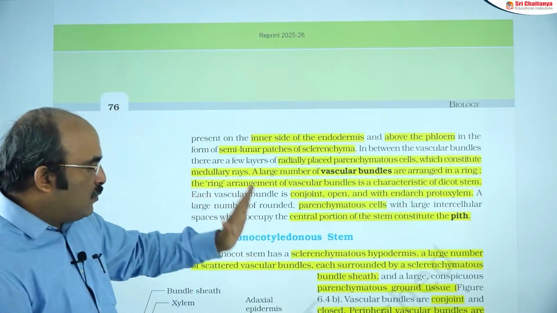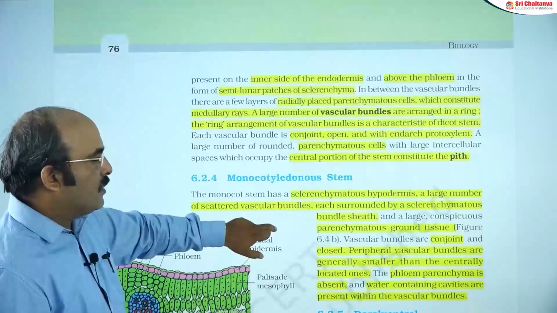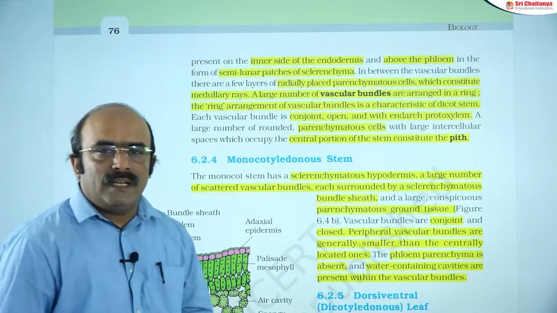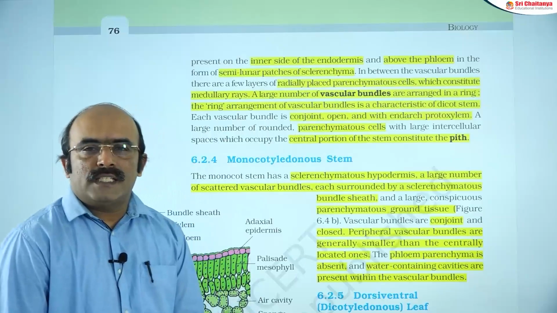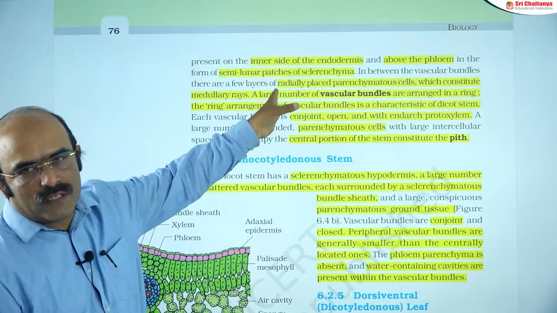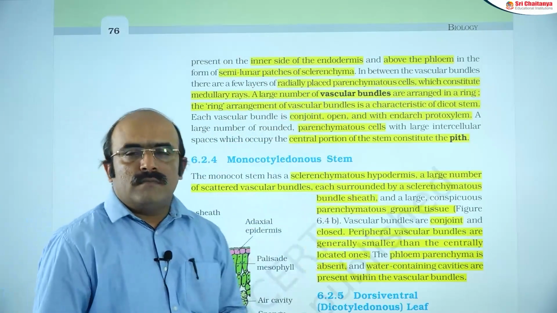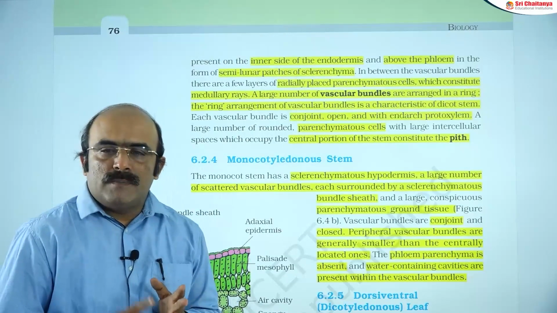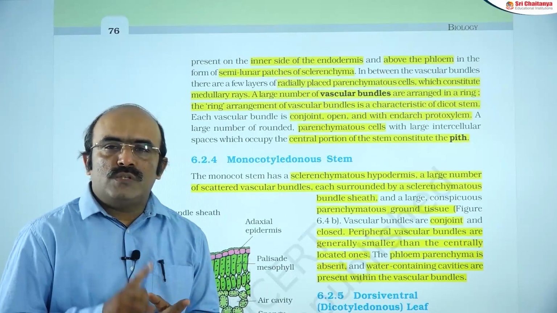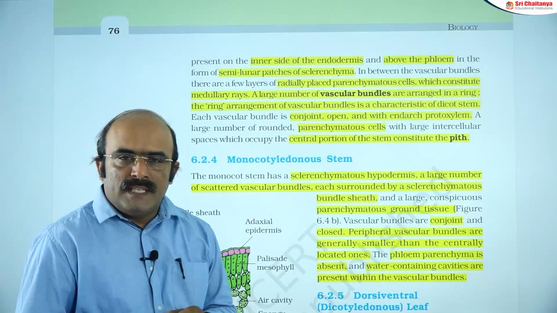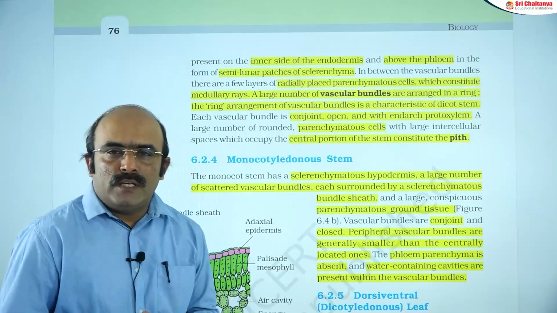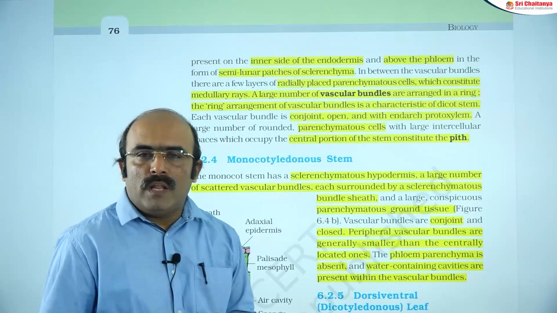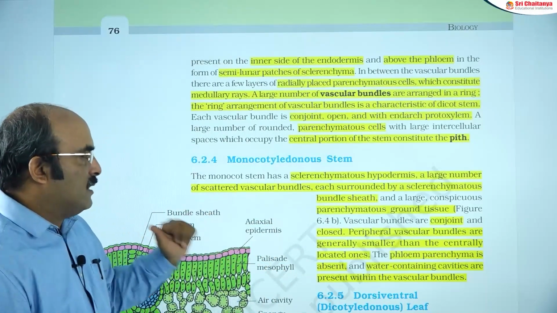The contrast of it is the monocot stem. In the monocot stem, you do not find the complete layers seen in the dicot stem. The monocot stem is mainly represented by epidermis, hypodermis, ground tissue and vascular bundles. Layers such as endodermis, pericycle, and even regions like medulla, you don't find in the monocot stem.